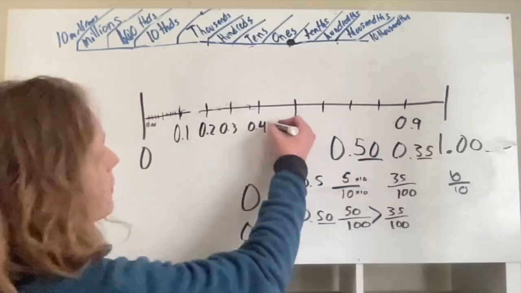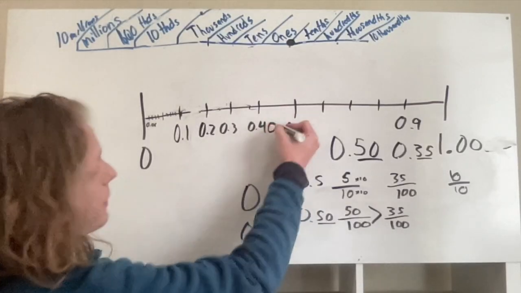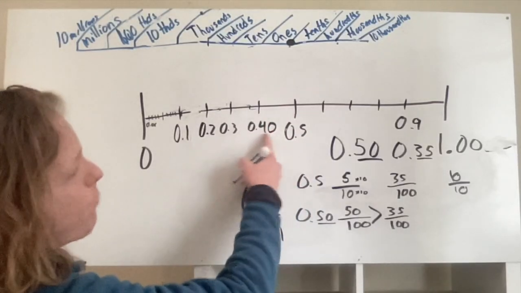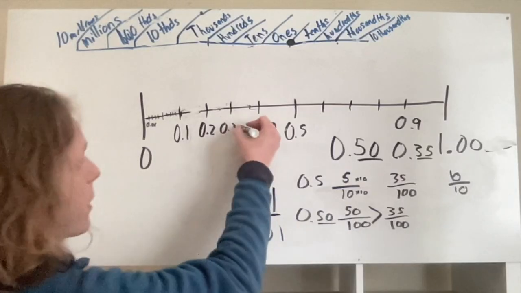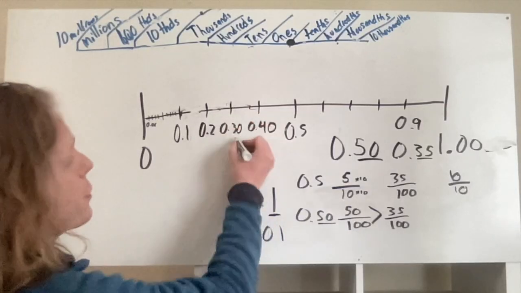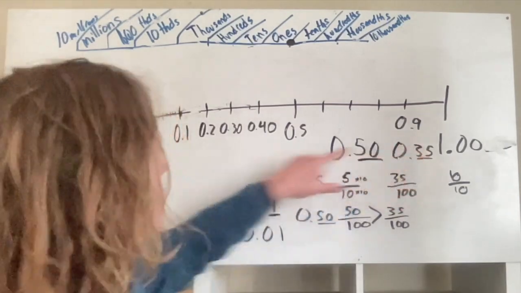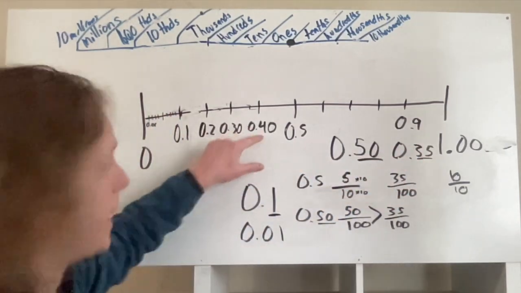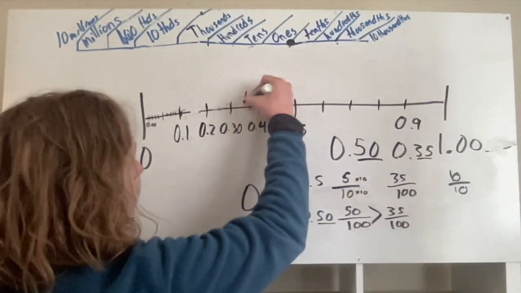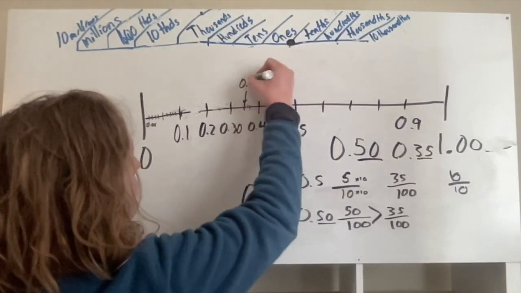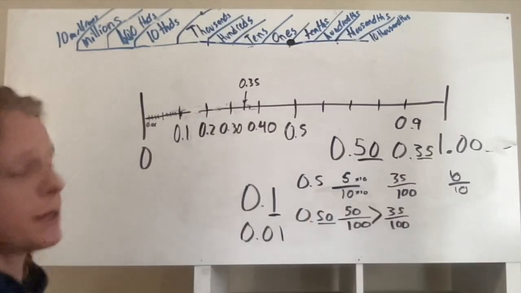It's a little easier to visualize if we remember that this is also 40 hundredths, and this is 30 hundredths. So where's 35? Well, 35 is halfway between 30 and 40, so that's the same here. Okay, 35 hundredths would go right here.